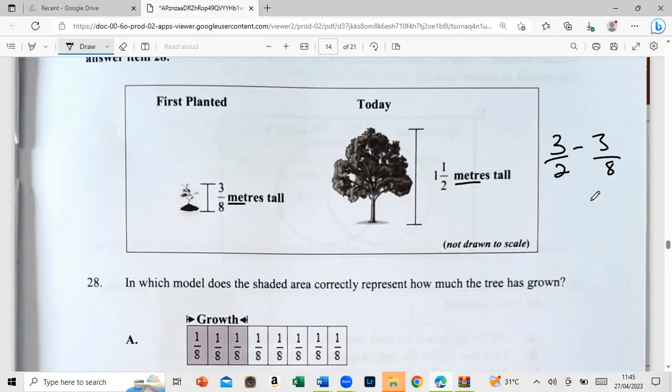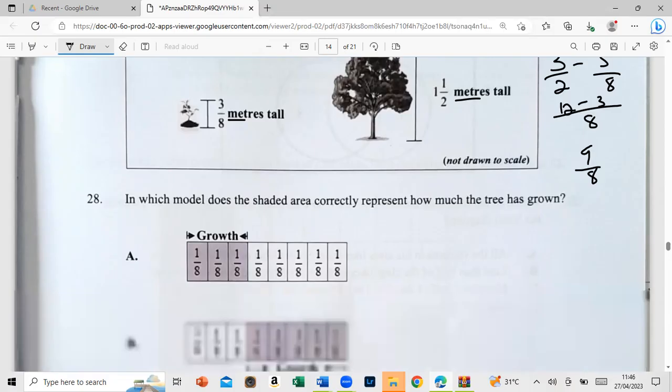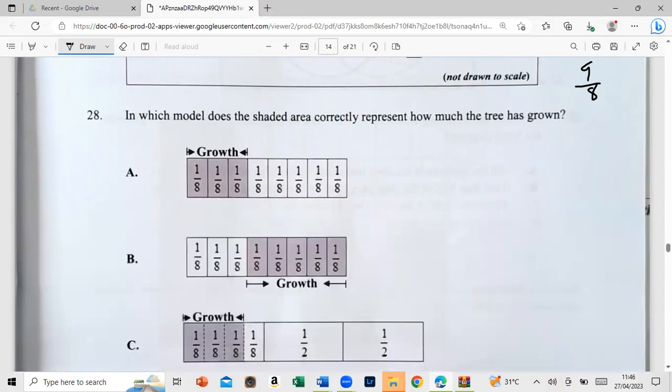Find the LCM, which is 8. 2 into 8 goes 4 times. 3 fours are 12. Minus 3, so that's 9/8. So it's 1 and 1/8. So it should be 9 of them.